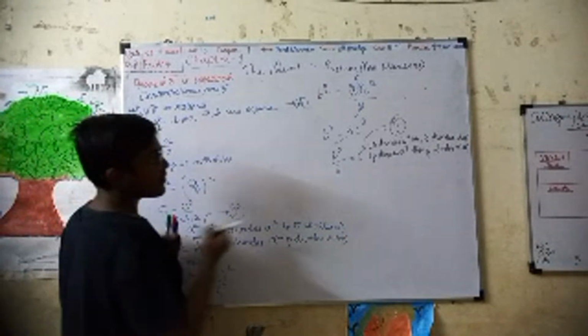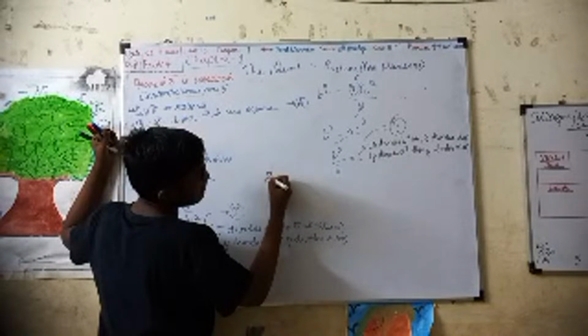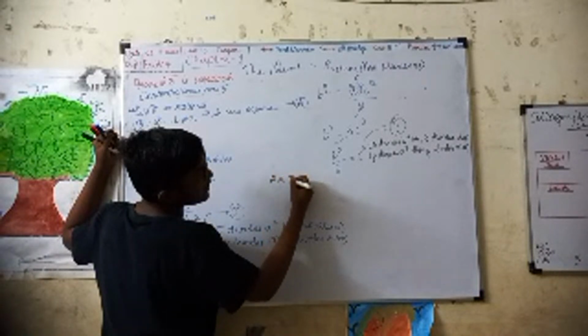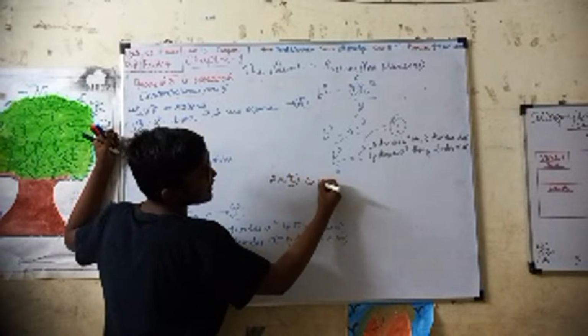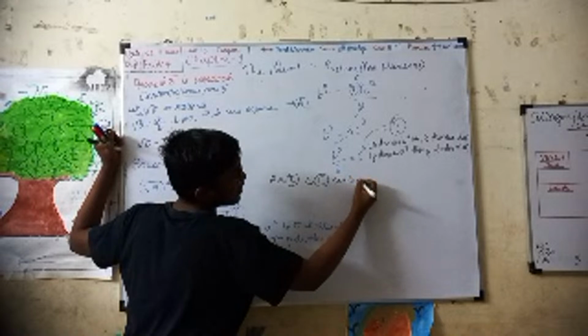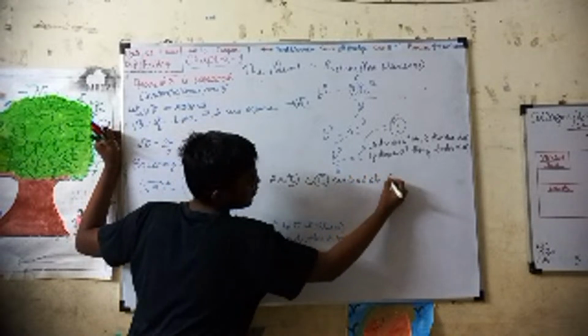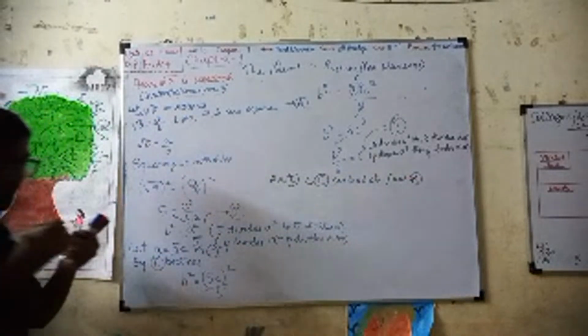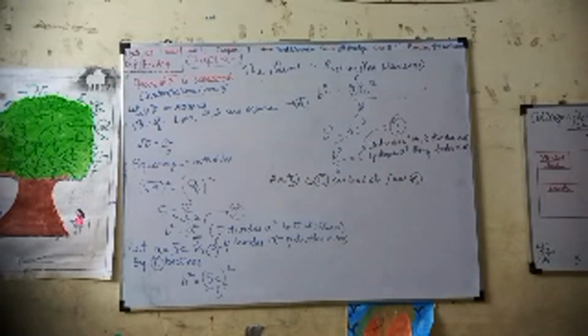So counter statement 1 and counter statement 2 contradict fact A. A is the fact, and it is contradicting the fact that root 5 is rational.